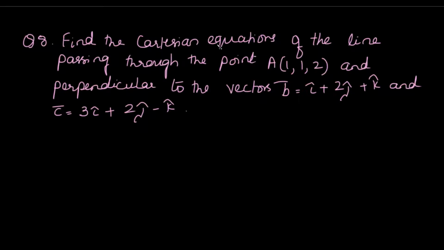Find the Cartesian equations of the line passing through the point A (1, 1, 2) and perpendicular to two vectors, B and C, whose values are given over here.